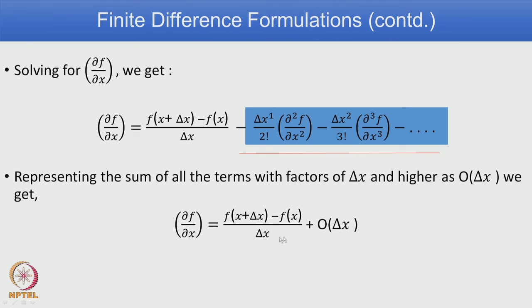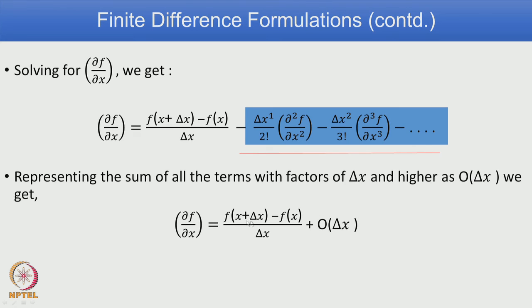So, this formula written here for the first derivative, taking only the first two terms and not considering the higher order terms, is called the first order finite difference scheme with order of accuracy delta x.